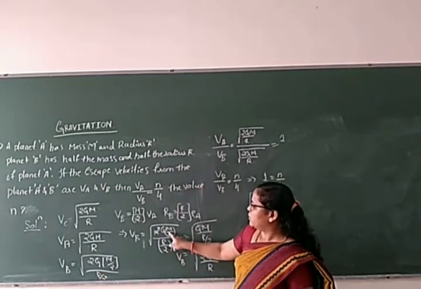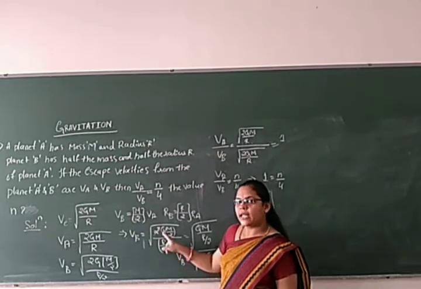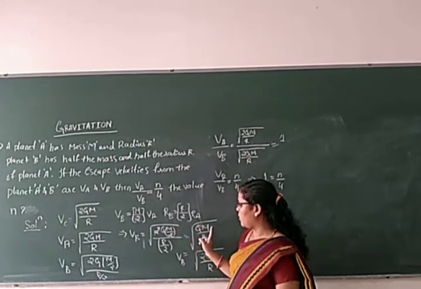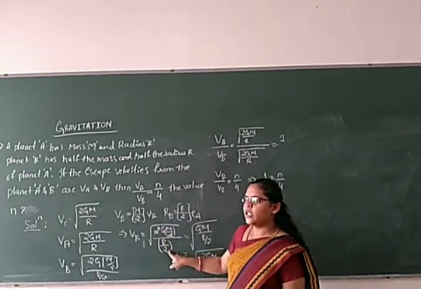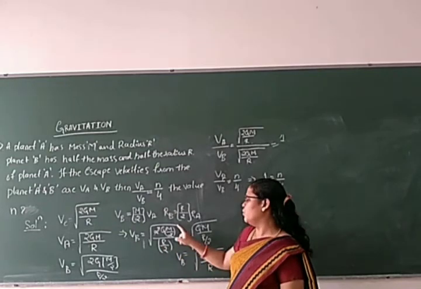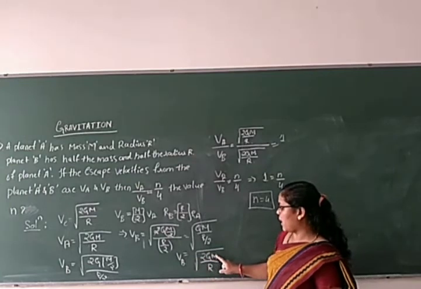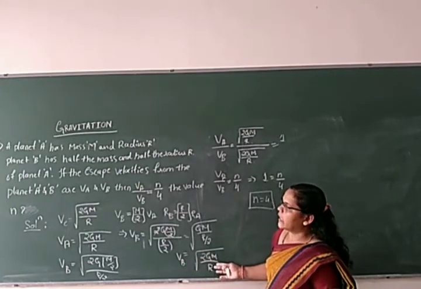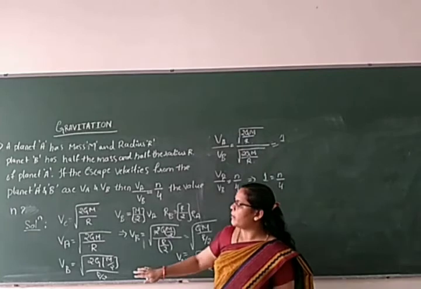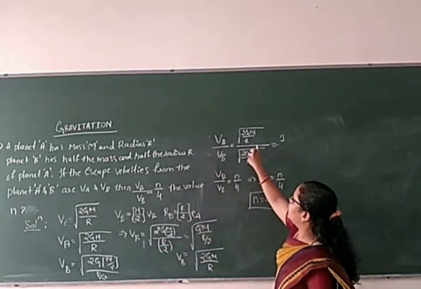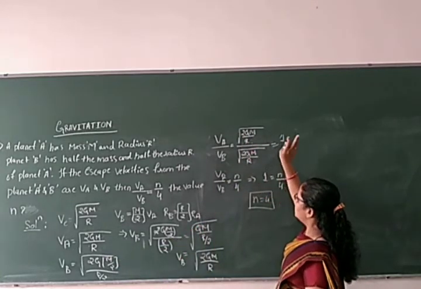Then what will you get? Both the 2s get canceled inside the root, leaving GM, and with 2 in the denominator, R by 2, if the 2 comes up it comes as R. vB is equal to root of 2GM by R. Compare the escape velocities of planet B and planet A: both are similar, so the ratio will remain as a unit here.